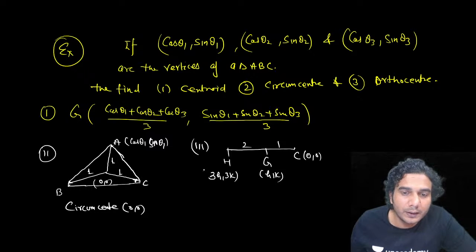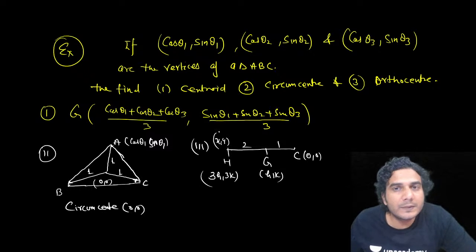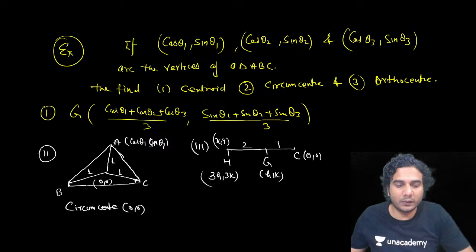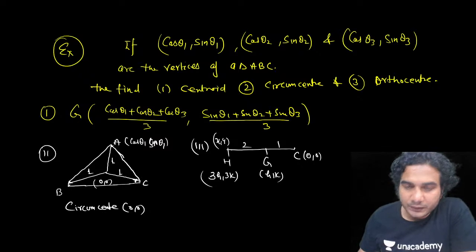Directly use this. If you want to calculate this, say this point is (x, y). Circumcenter generally they give (0, 0). Centroid you can find straightforward, x1 plus x2 plus x3 over 3. Then to find orthocenter you need to use this relation. So how do you use it?